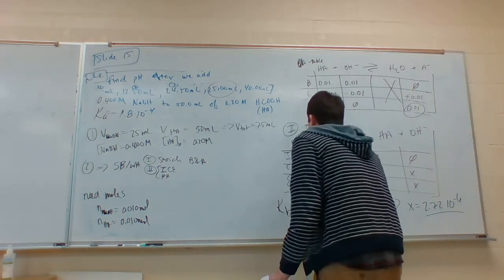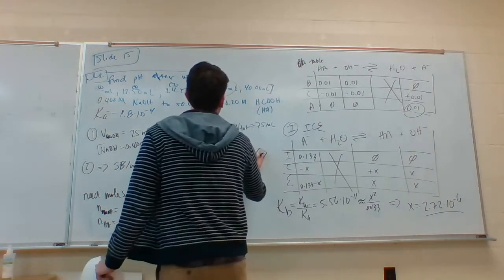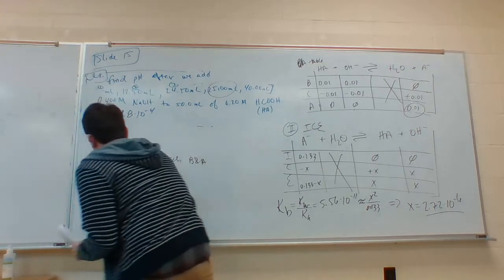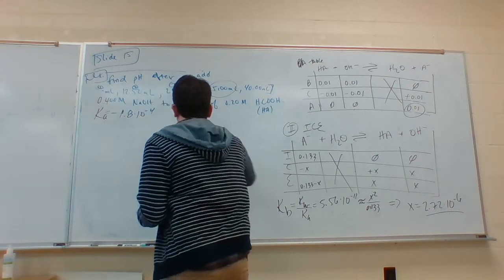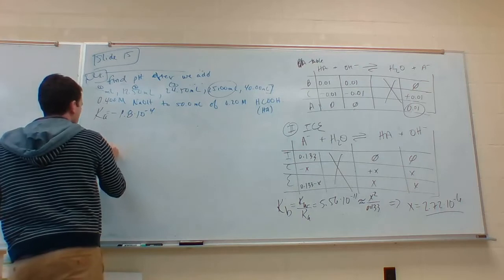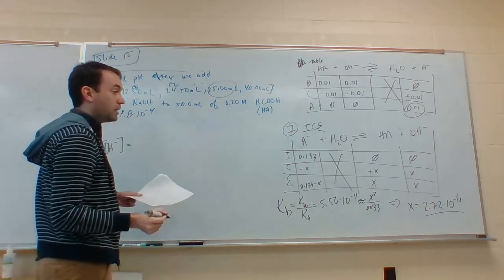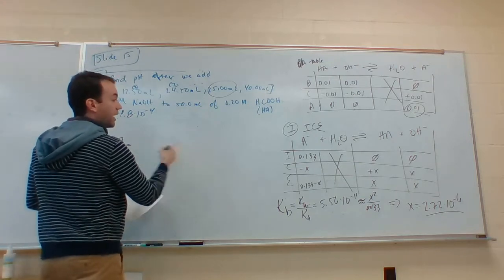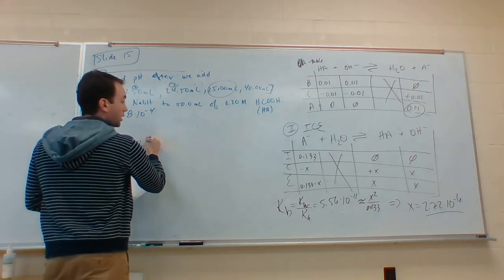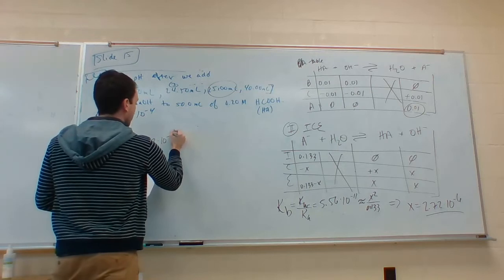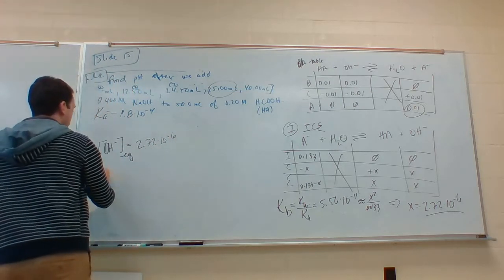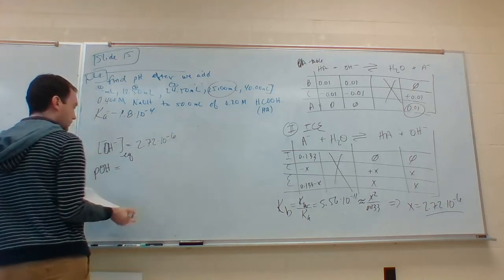Okay, so now that we have our concentration of OH minus at equilibrium, that is 2.72 times 10 to the negative 6. We can get our pOH, right?